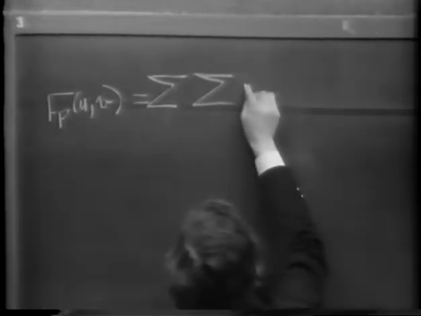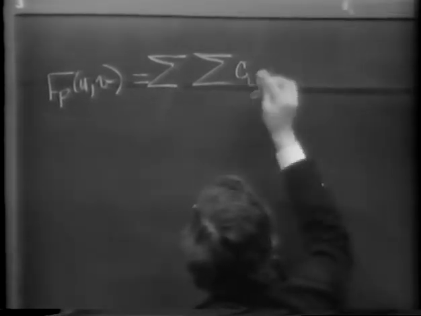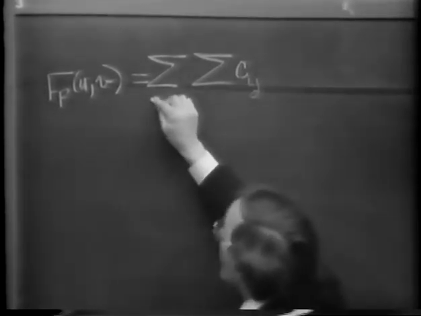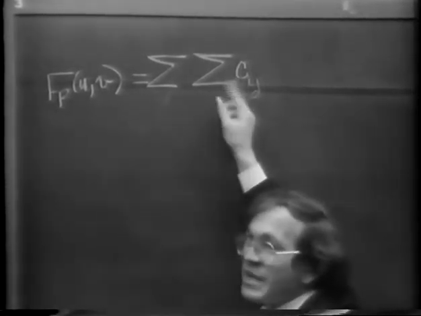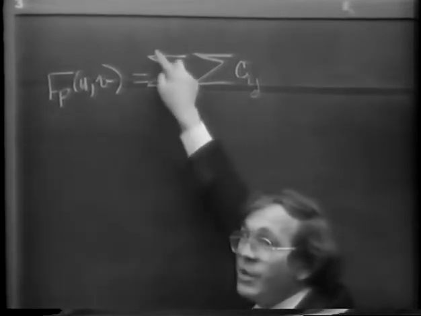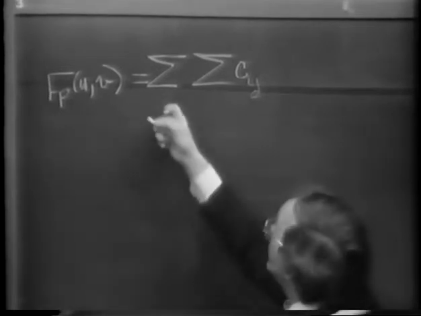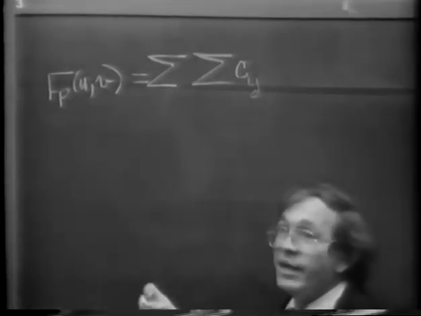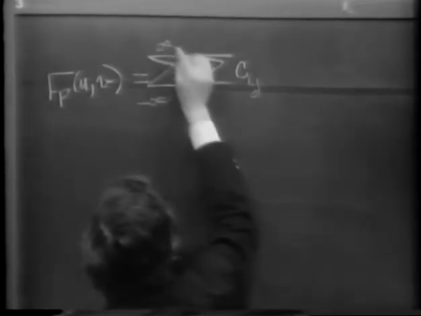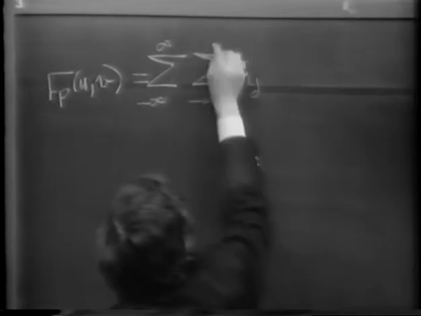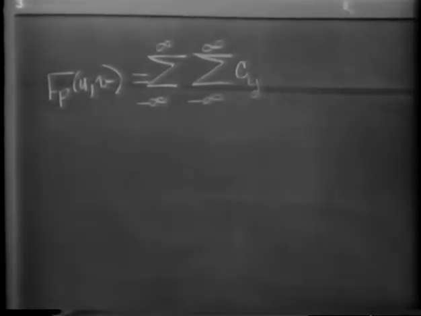Let's call this c sub ij. And as I remember correctly, in the Fourier series representation, with complex numbers, these would have to go from minus infinity to infinity. Right? If I use the sine-cosine form of the Fourier series, these summations would only go from 0 to infinity. So I would make this from minus infinity to infinity for the i, and minus infinity to infinity for the j. And then what does the exponential term look like here?